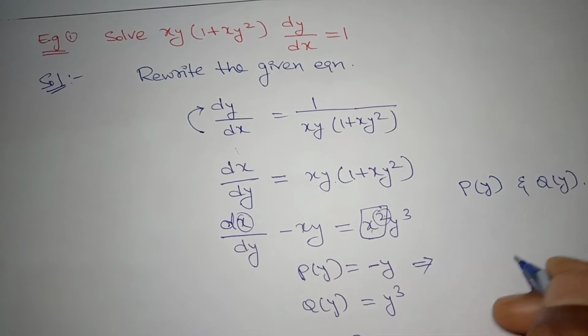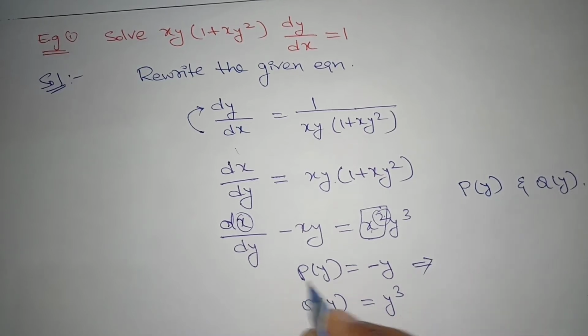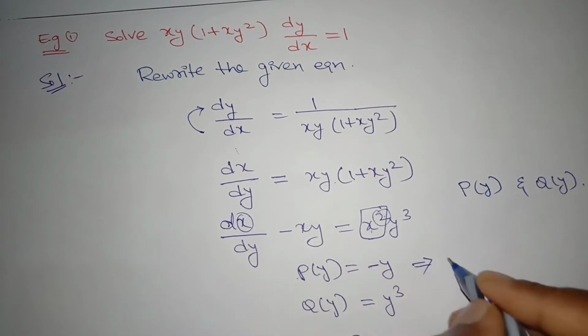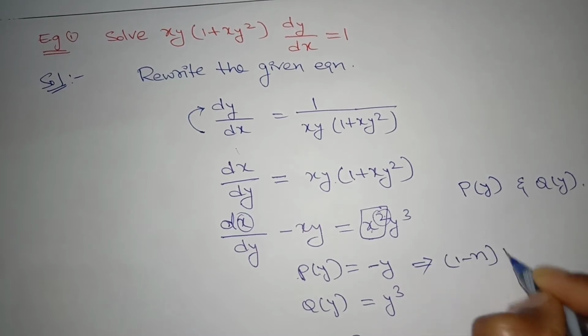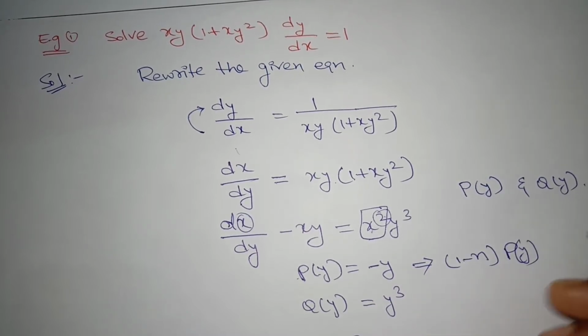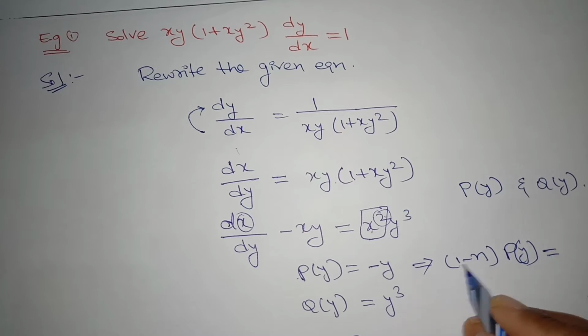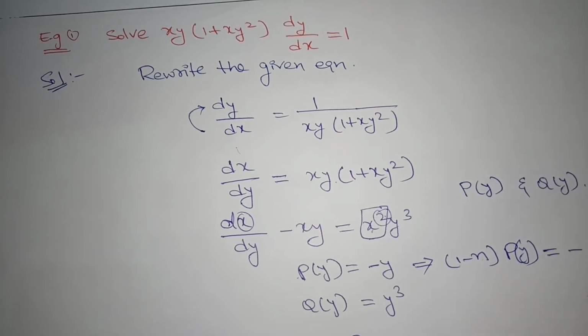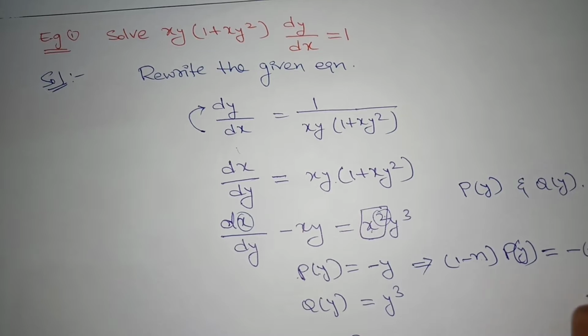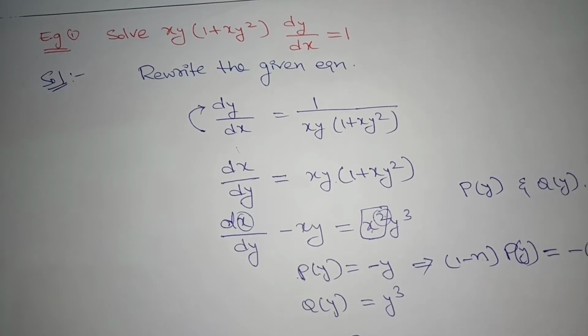From this, replace p of y with 1 minus n into p of y, which is 1 minus 2, that is minus 1, into p of y, which is minus y, which equals plus y.